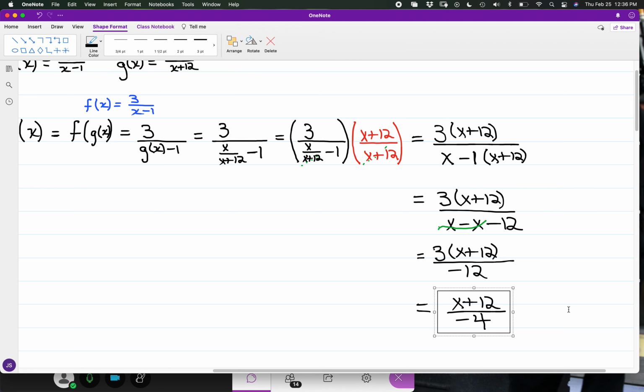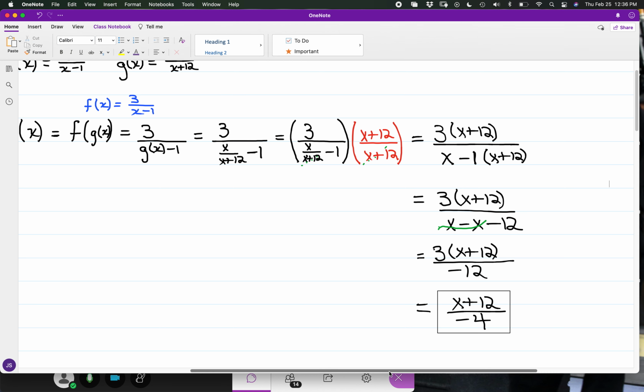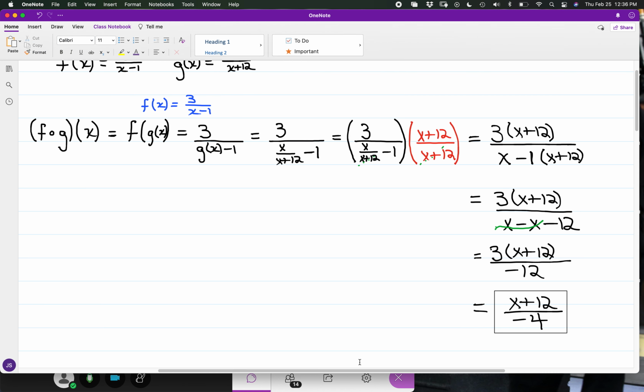Now, where the domain is concerned, for f composed with g of x, again, very tricky problem. For g of x, that was x over x plus 12, and filling in, doing a lot of cancellation and combining of terms and simplifying, we came down to this result.